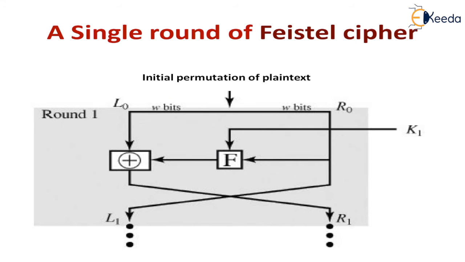A single round of the Feistel cipher, or we can say the DES algorithm, can be shown in this particular diagram. The initial permutation of the plain text is given, and it is divided into left and right halves of equal size. With the help of the key K1 for round 1, this function is executed.